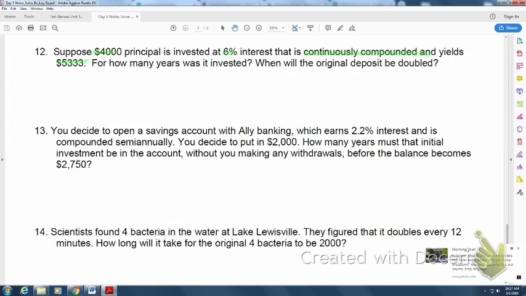So how long would it be in there for it to get to that amount? So I'm going to have my initial times e to the power of the rate, which 6% as a decimal is what? 0.06. I'm finding the time that it would take to get to that value.